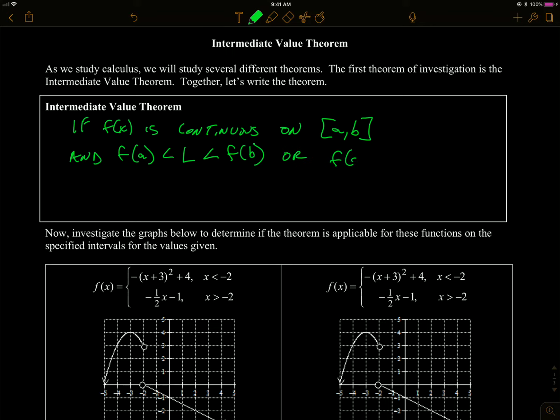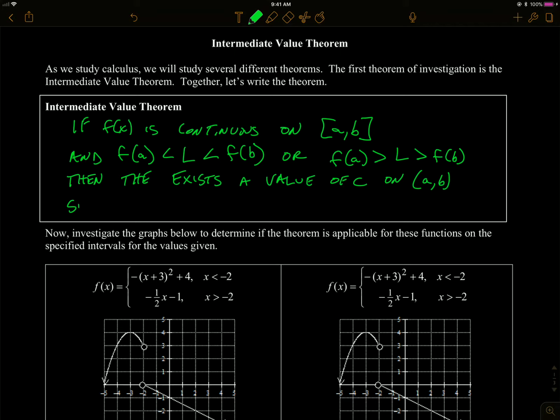And it could be the other way around, where f of a could be the larger value of the two. Then there exists a value of c on the open interval a to b such that f of c equals L.